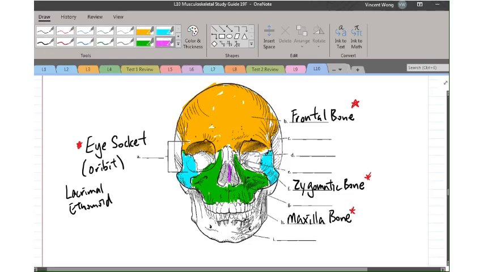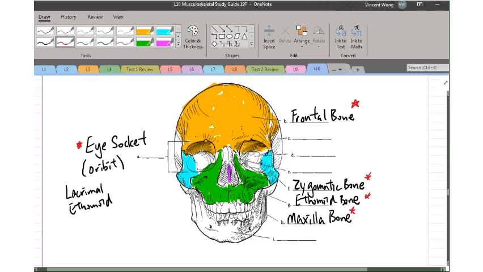That actually is part of your nasal septum, and it's going to be created by the ethmoid bone. So that's part of the eye socket as well. Now I know it doesn't seem like it here, but remember the ethmoid bone actually extends all the way up here, and it's going to be part of the medial side of your eye socket.